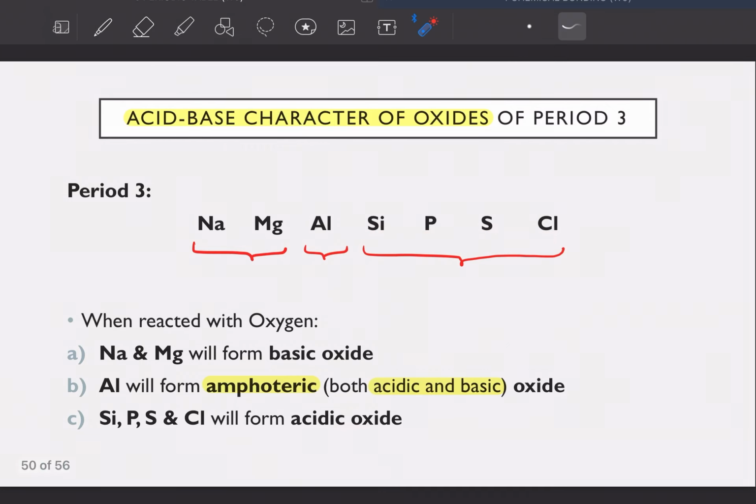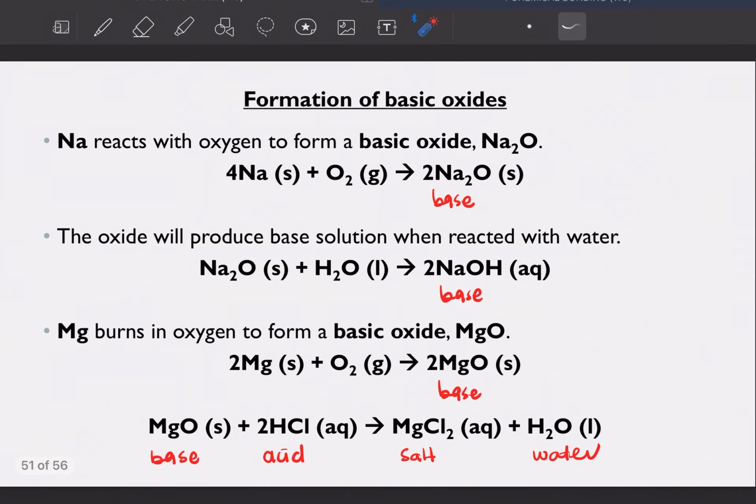So let's look at the formation of basic oxides. As for sodium, when it reacts with oxygen, it will form your basic oxide. And we know that this oxide is basic because when we react it with water, we will form base. So you need to know the equations.